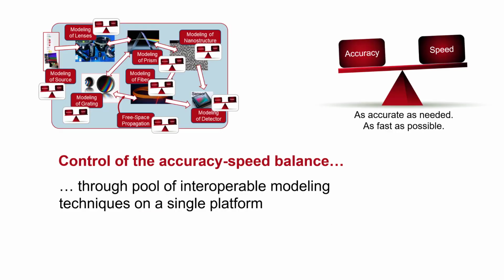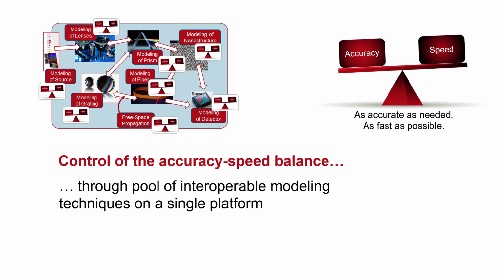But why do we use the tagline "as accurate as needed, as fast as possible" when talking about VirtualLab Fusion software? Whenever simulation technology is part of the conversation, there is going to be a compromise between the accuracy of the results that simulation is going to deliver and the speed with which the simulation is going to deliver those results.